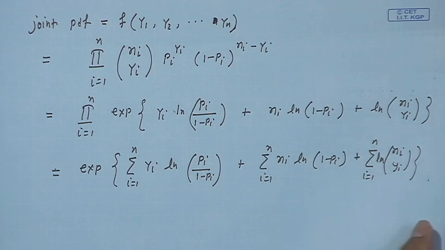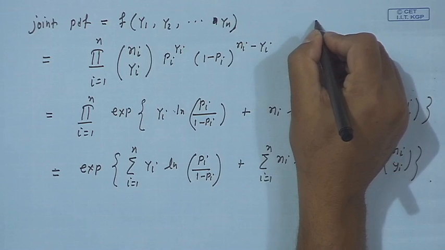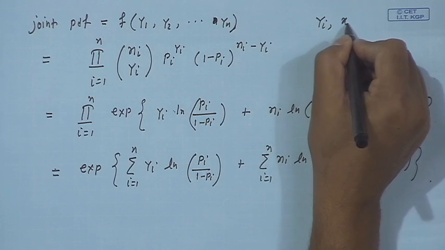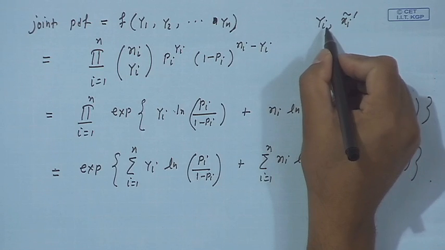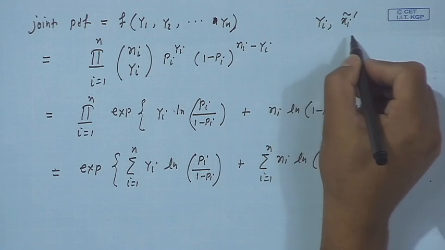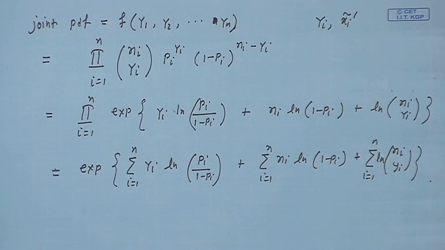Now, the same thing, we are given y_i and x_i prime, and we would try to explain the variability in y in terms of x_i.